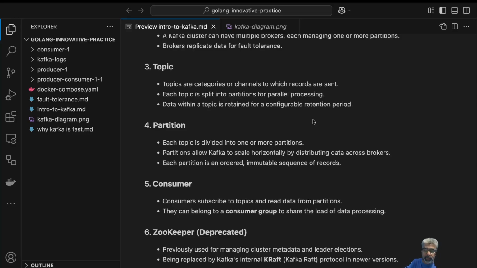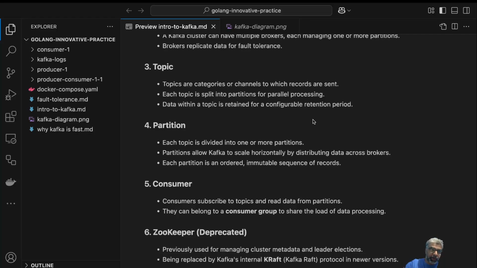They subscribe to topic or topics and then they read data from the partitions. That means consumers read data. Important thing is, brokers don't do anything to send the data or to pull the data.